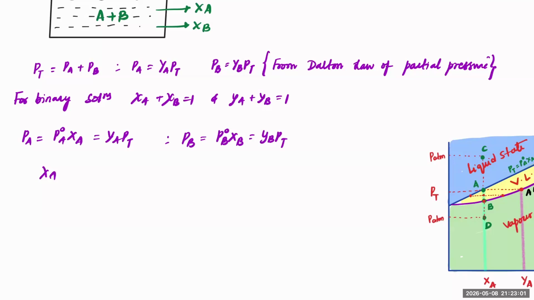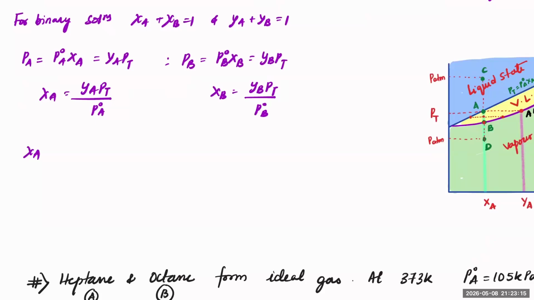If I write XA here, that is equal to YA P total by P naught A, and XB here as YB P total by P naught B. If I add both of them, XA plus XB, I should always get 1, which is YA by P naught A into P total plus YB by P naught B into P total must be equal to 1.